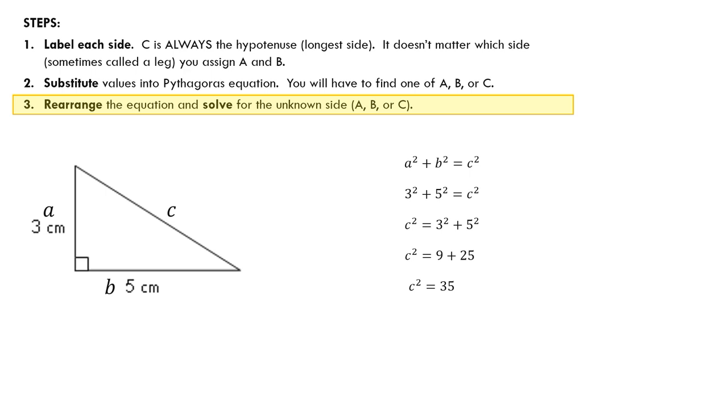If we take the square root on one side, we have to take the square root on the other side, which gives us a final value for c of the square root of 34. c equals the square root of 34. Reducing that further with our calculator gives us a value of 5.8 for c.